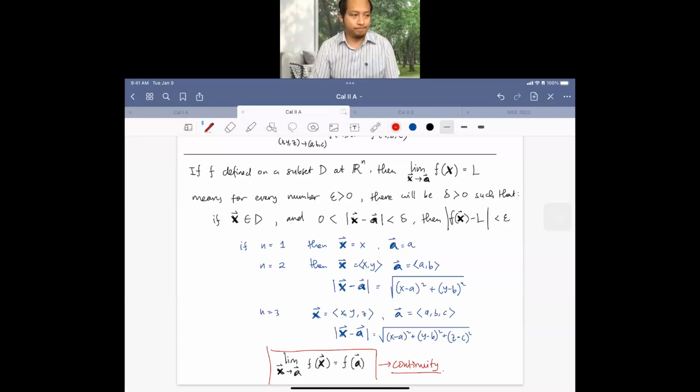Okay, so that's 14.2, the limit of a function of two or more variables.